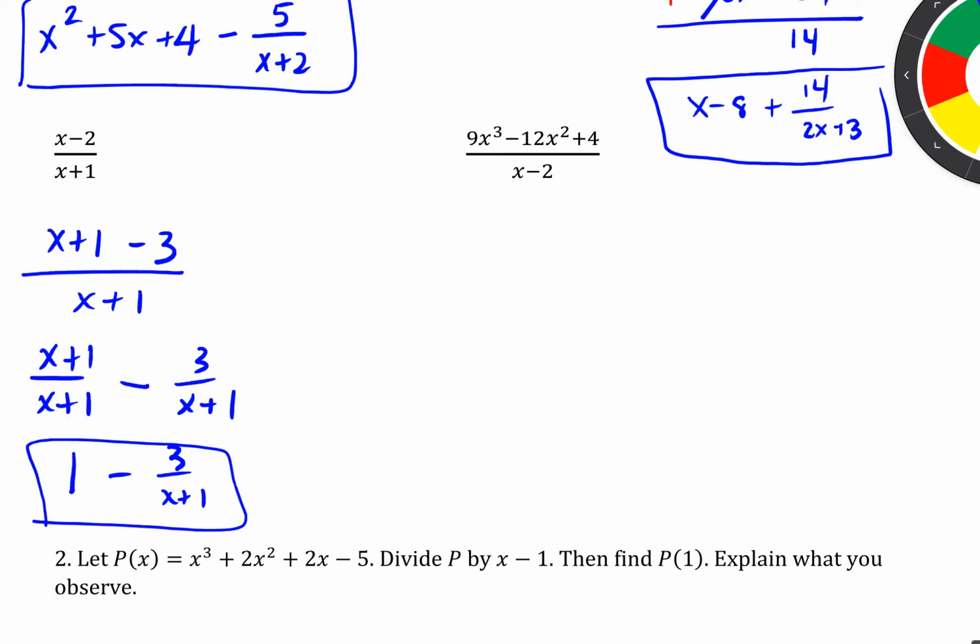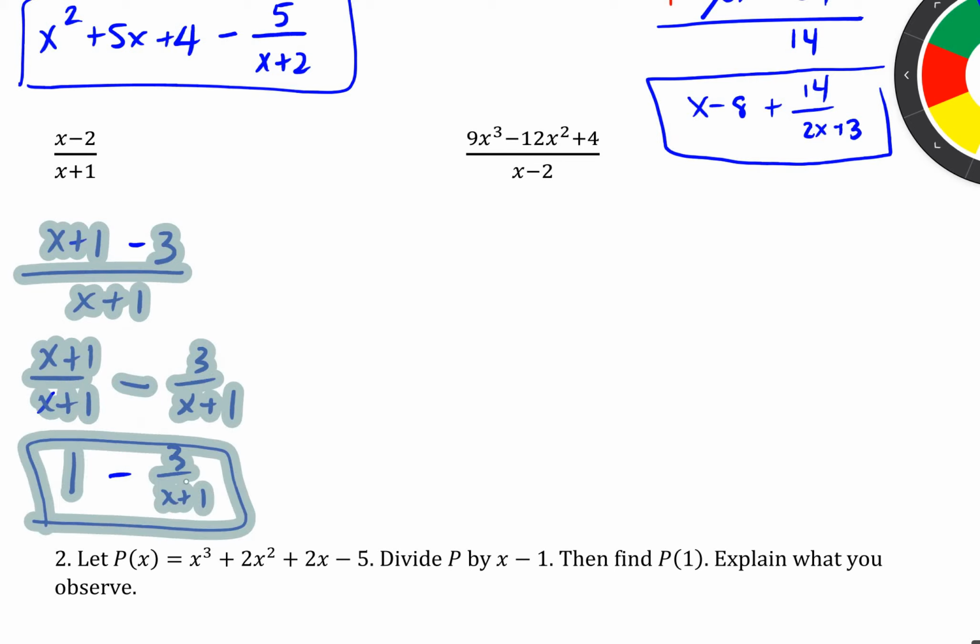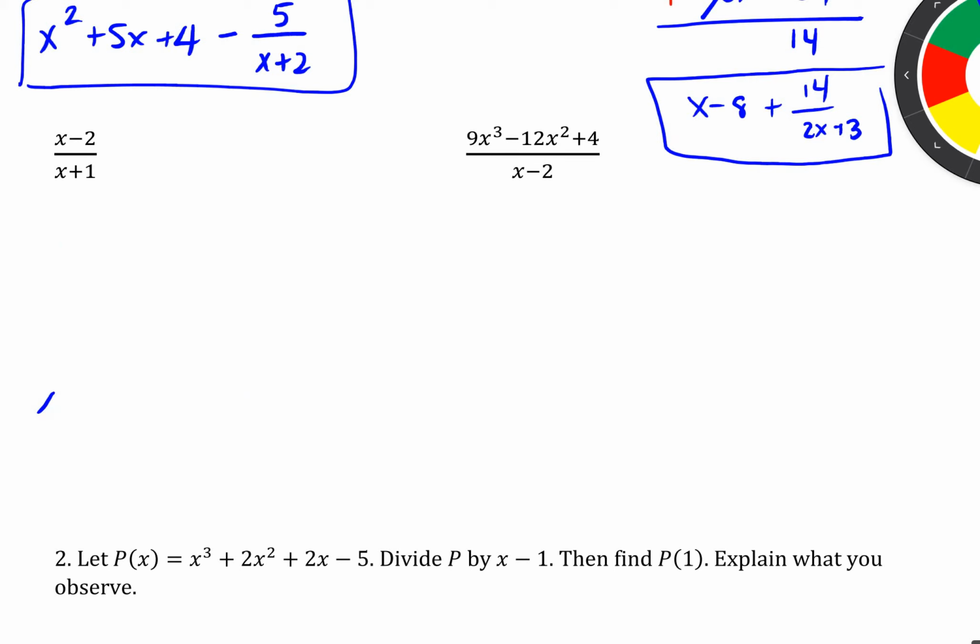Now, if you're not an inspection person, don't worry about that. We can totally do this another way. We can still do long division. So I can say x plus 1 divided by x minus 2. So if I plug in 1, I get x plus 1.